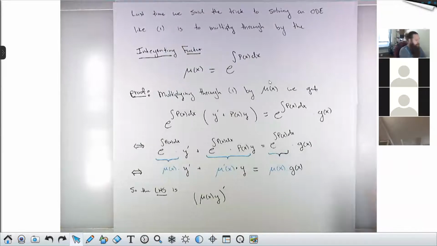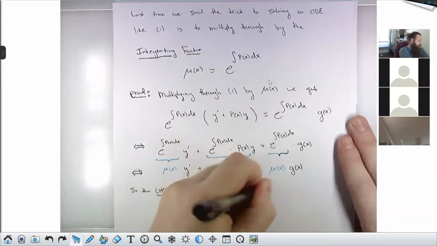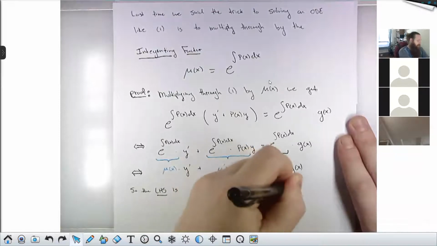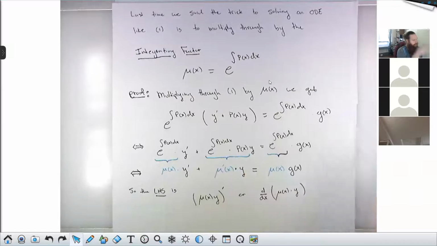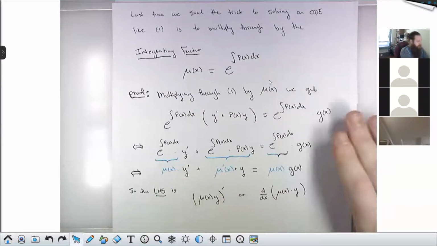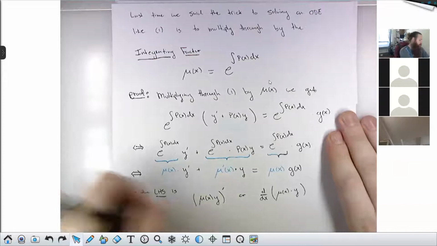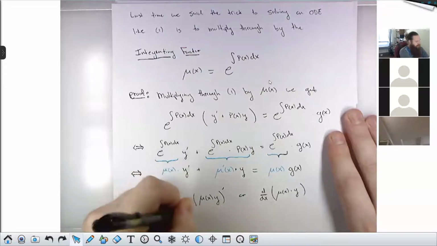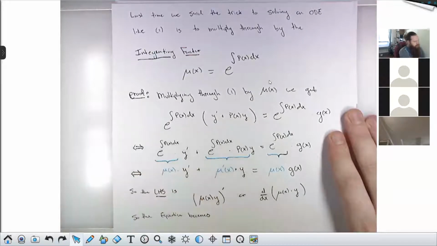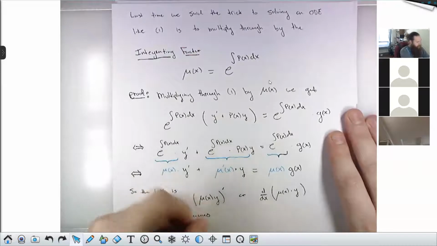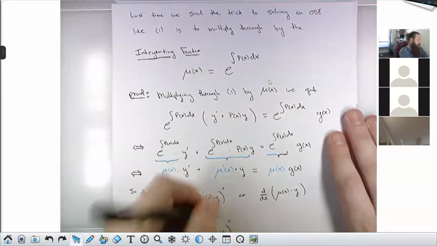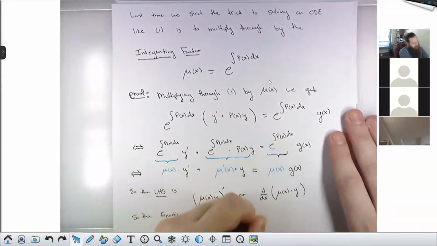Or if you want, you could write it as d/dx of mu of x times y. So the equation becomes, and again using the prime notation, mu of x times y all primed is equal to mu of x times g of x.